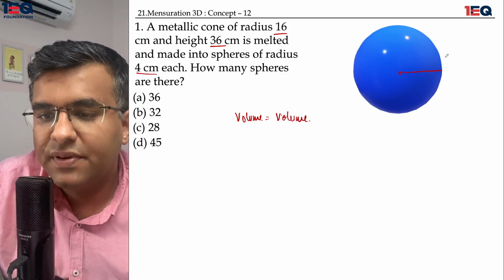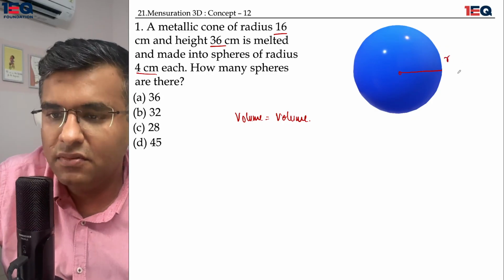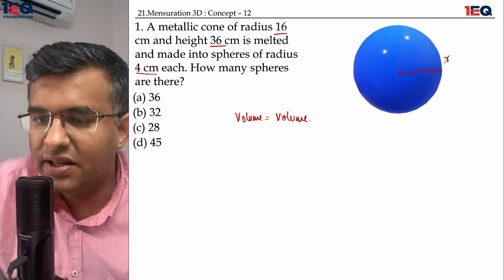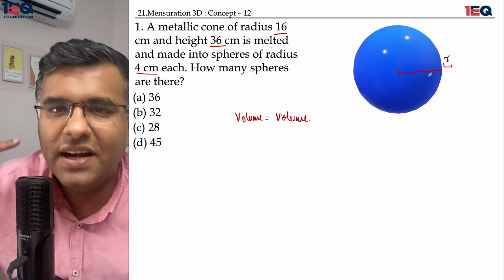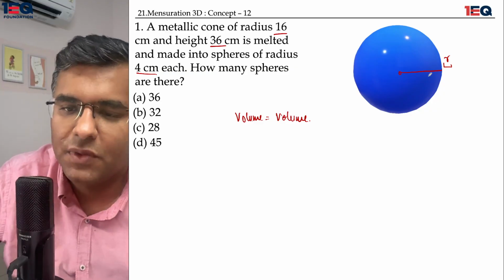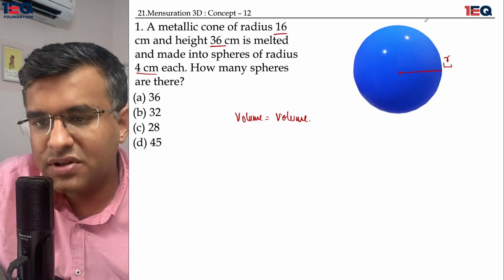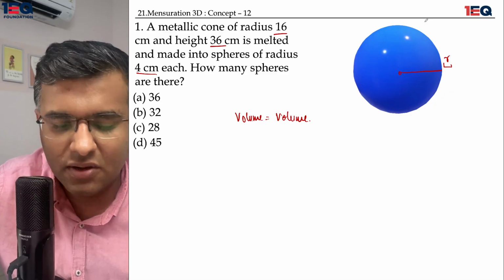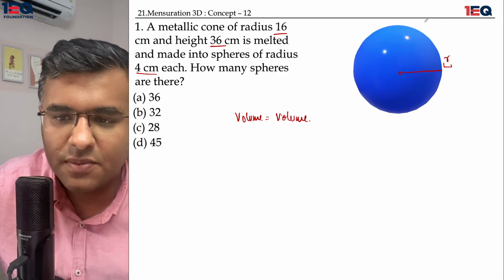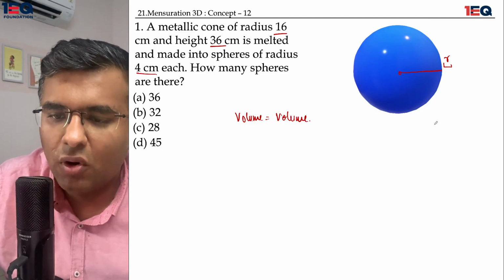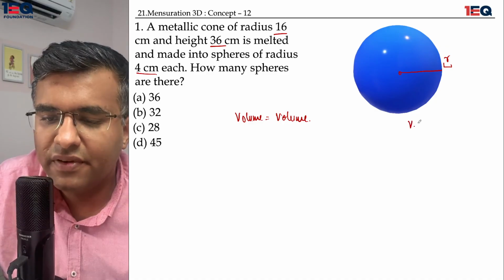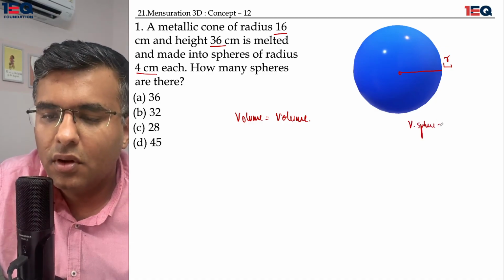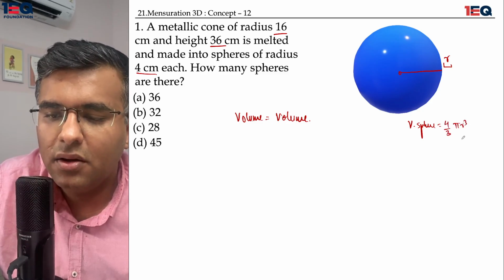For a sphere, we only have one defining dimension, which is the radius. When it goes in a 2D model, it becomes a circle; when it goes into a 3D model, it becomes a sphere. So the volume of the sphere is what we are interested in, which is 4 by 3 pi r cube.